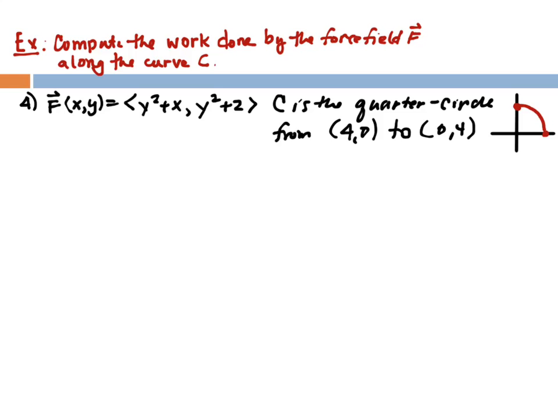Right. X equals R. And what is R here? Our radius, how about 4? 4, yeah. I bet, right? I mean, I was right there with you, 4. 4 cosine theta. And then y would be 4 sine theta.